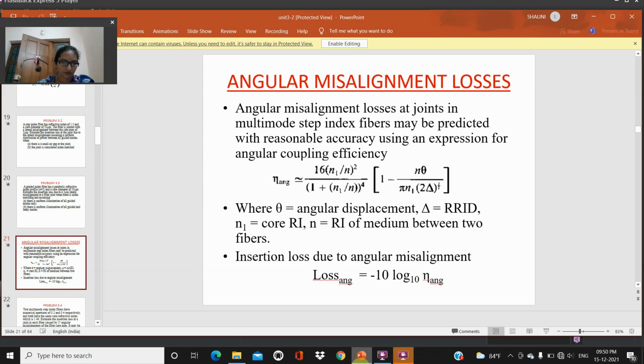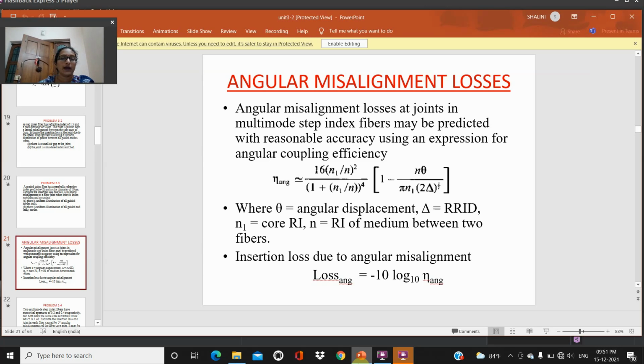Eta angular is approximately equal to 16 (n1/n)^2 divided by (1 + n1/n)^4, into 1 minus n theta divided by pi n1 (2 delta)^(1/2), where theta is the angular displacement, delta is the relative refractive index difference, n1 is the core refractive index, and n is the refractive index of the medium between the two fibers.